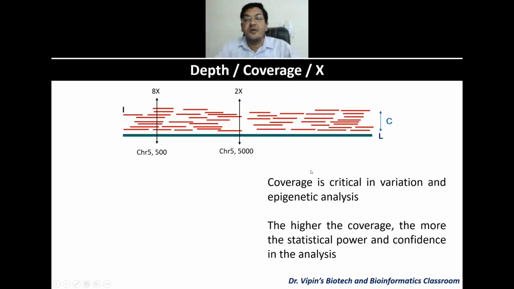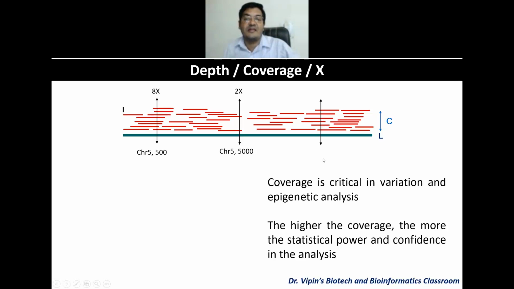So coverage is critical in variation and epigenetic analysis. The higher the coverage, the more reads you have, the more confident you are of calling a base at each position. So the higher the coverage, the more statistical power and confidence in the analysis you have. For example, what is the coverage at this point, class? 1, 2, 3, 4, 5, and 6.